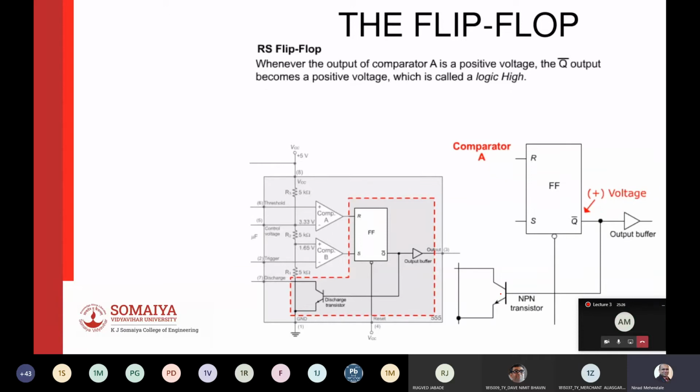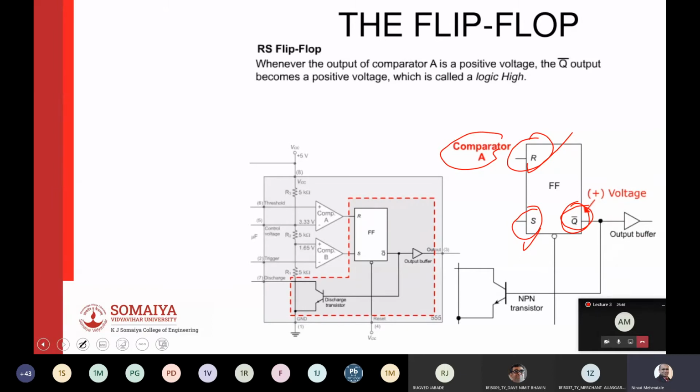Next is the RS flip-flop. So an RS flip-flop typically has a comparator, reset pin, set pin, and Q bar. Whenever the reset pin goes high, Q bar goes high, and whenever the set pin goes high, the output Q bar goes low.